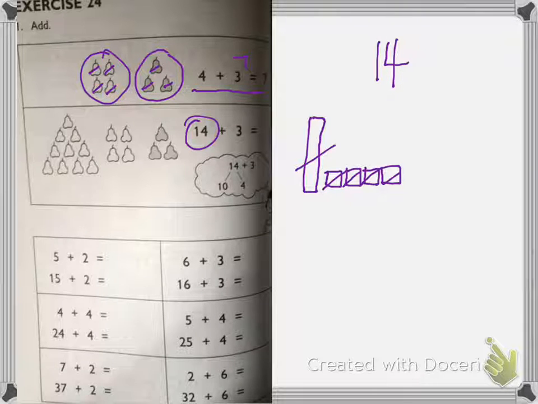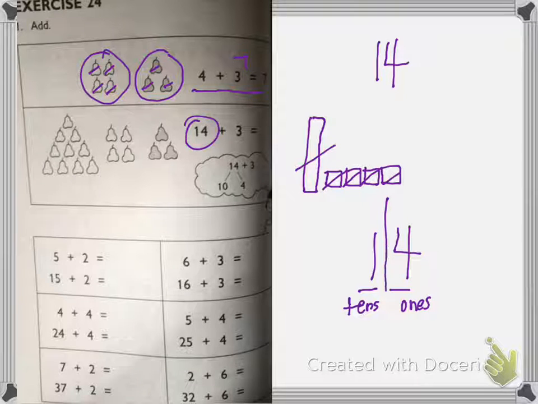But for this exercise, it wants you to look at the 14 itself and look which place each number is in. The tens place or the ones place. If you divide the number in half, the tens place is right there and the ones place is right there.